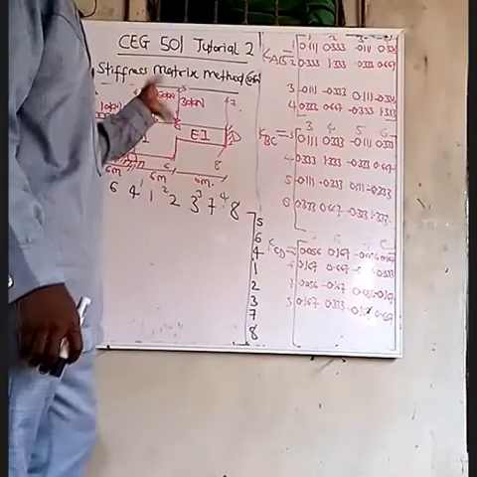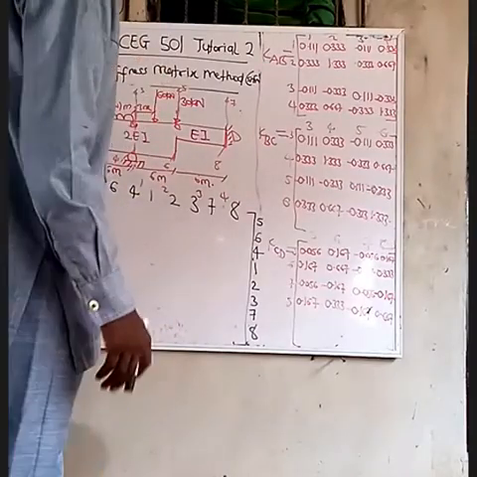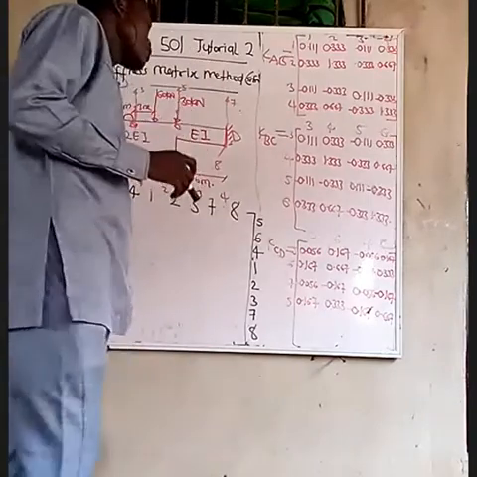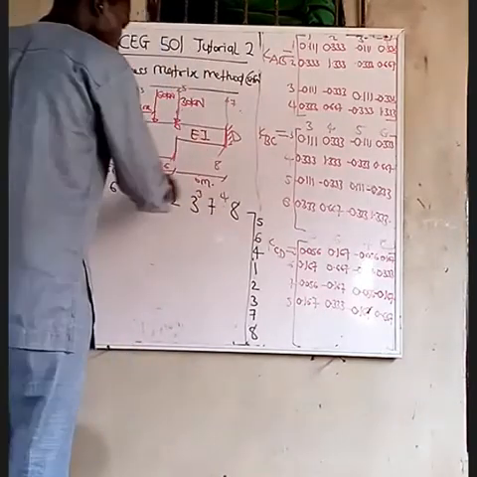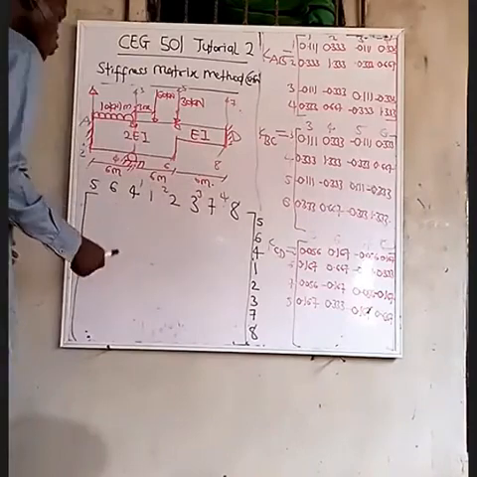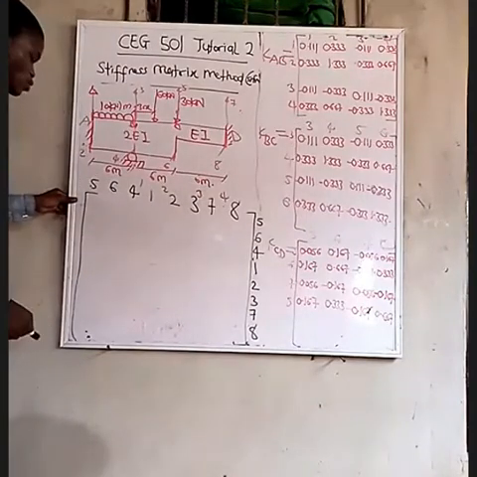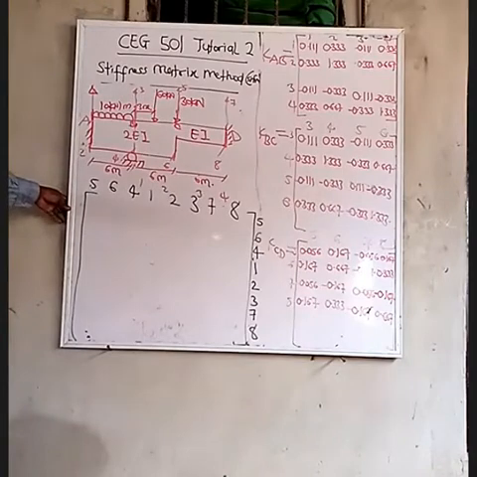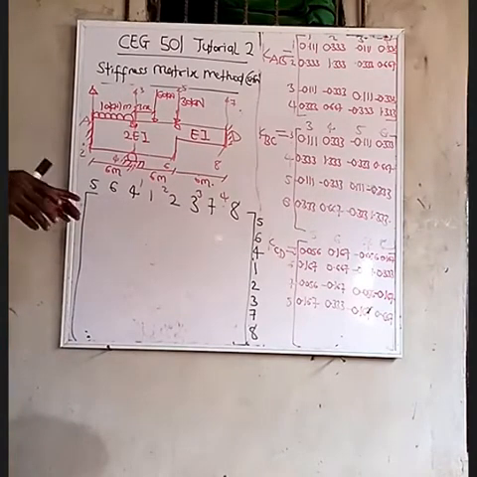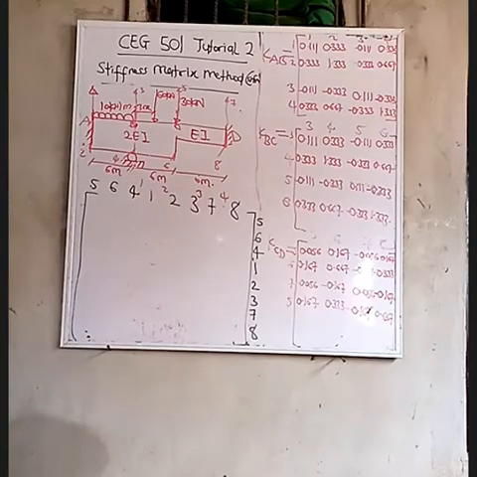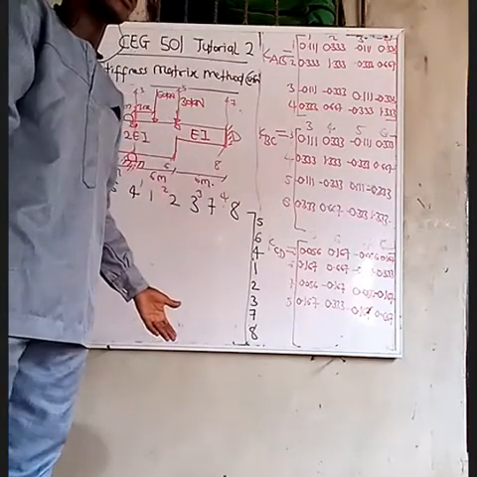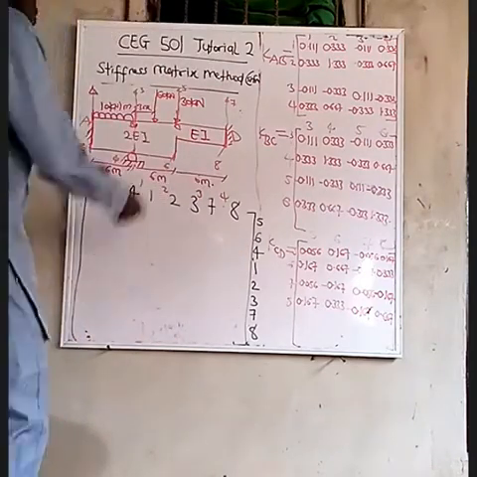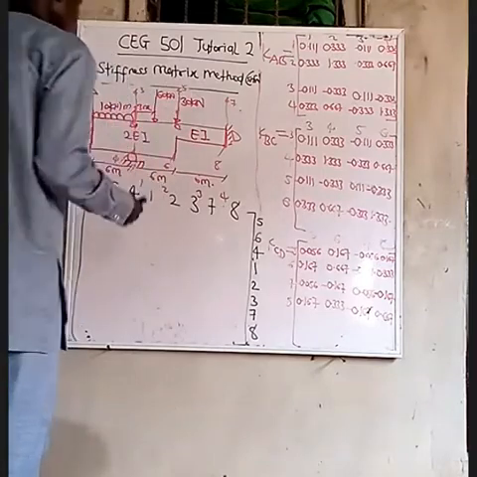Yes. All right. Now, the unknown displacements are D4, D5, D6. If we begin to obtain the global stiffness matrix for each of them, we are going to obtain 8 rows, 8 columns. That is 64 inputs. That's stress. So instead, why don't we focus on the ones that we need?